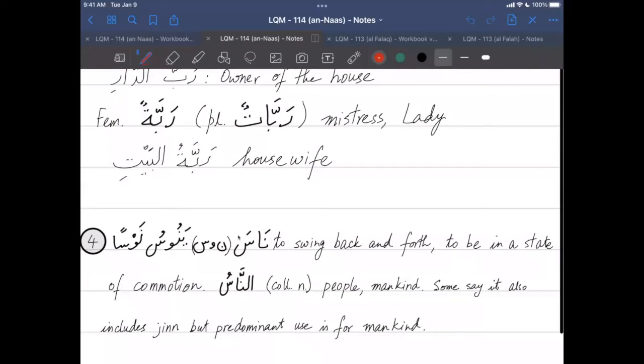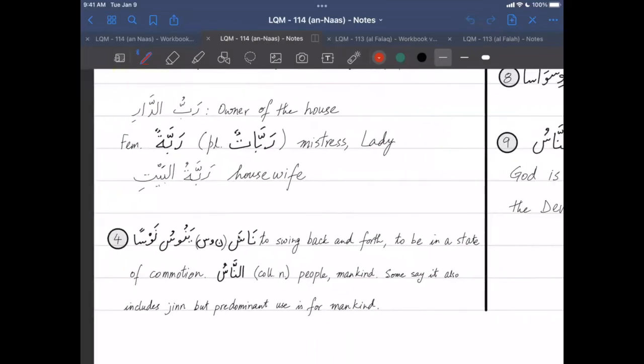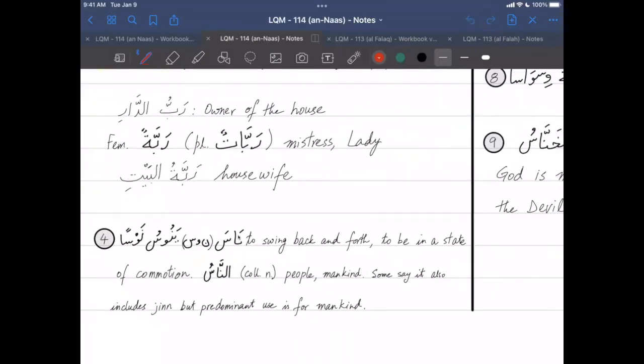Now, some scholars say that it also includes jinn, but the predominant use of this word in the Quran is for mankind. So there are some scholars who believe that the word can also, in specific scenarios, include jinn, but in most places in the Quran, the use is specifically for mankind.